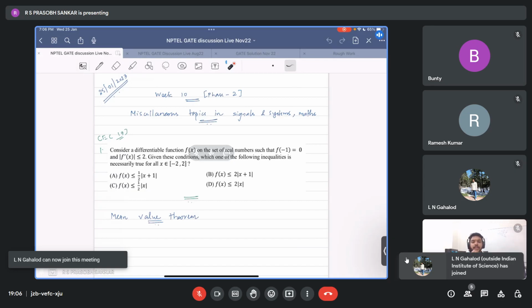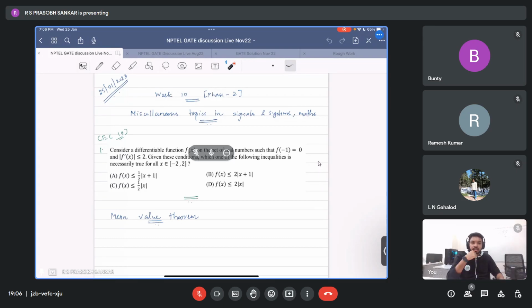So today will most likely be the final class of this session. I think January 31st is the last day for the final class. Next Wednesday will be February 1, so this is most likely our final session for this time. And GATE is on the 5th, right?